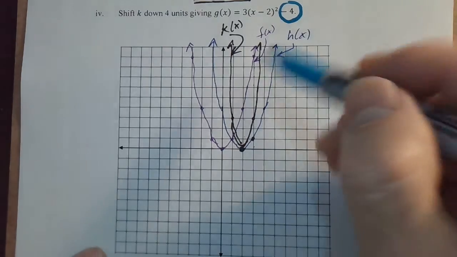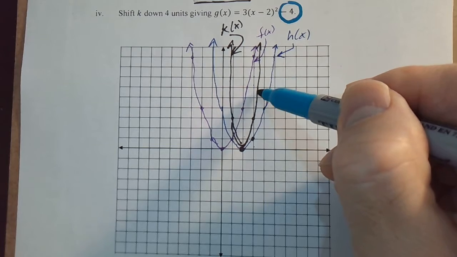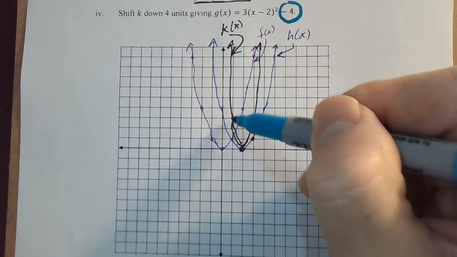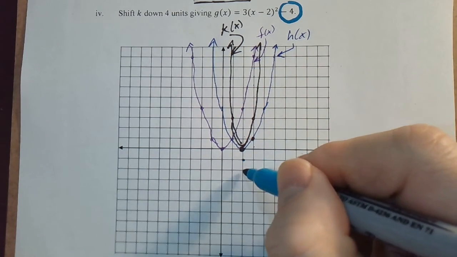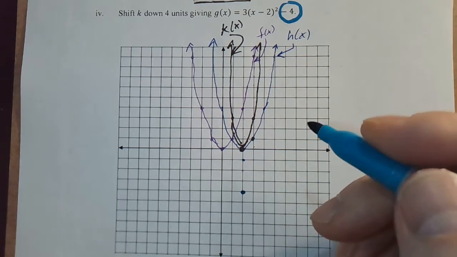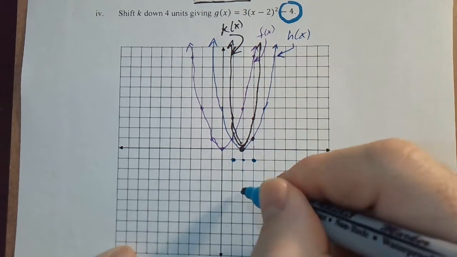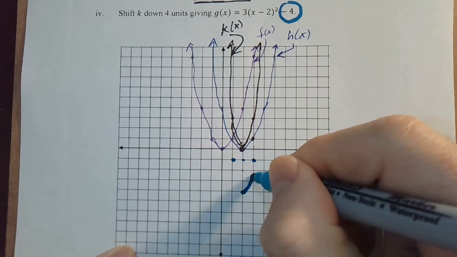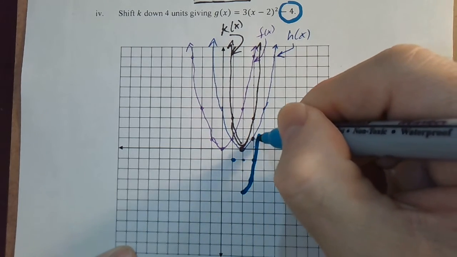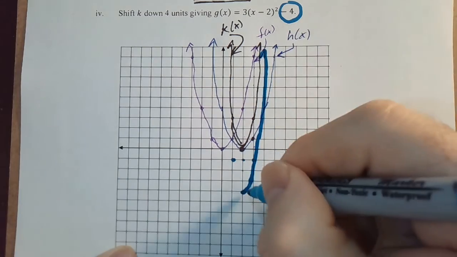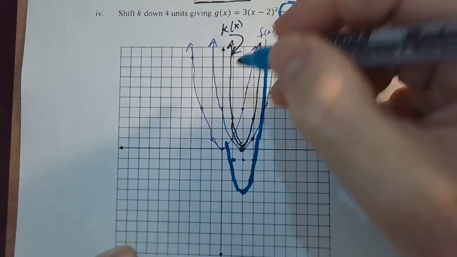So I'm going to drag this graph down 4 units. 1, 2, 3, 4. So it would go there, there, and then it's going to look something like this.